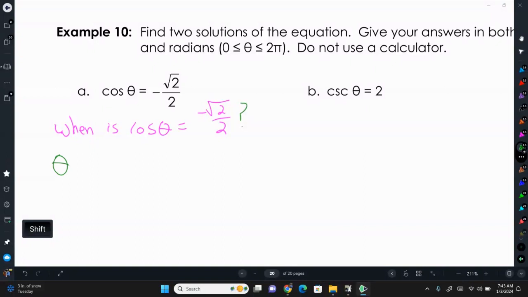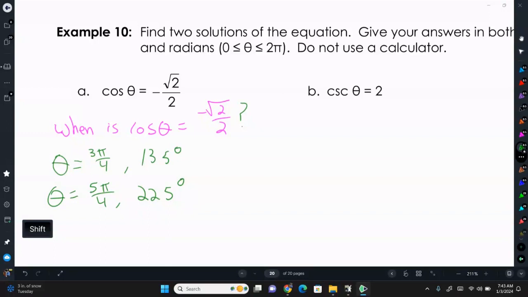So that means our theta in radians is going to be 3 pi over 4, which is 135 degrees, or theta could be 5 pi over 4, which is 225 degrees if we were in quadrant number 3.